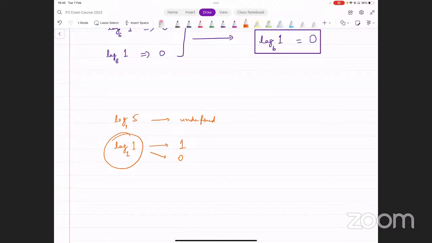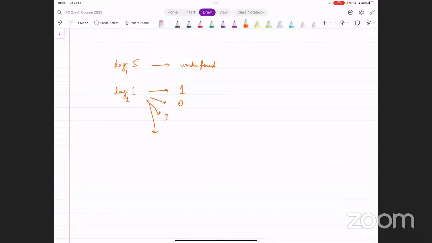What power of 1 gives us 1? It could be any number, right? 1 raised to any power is going to be 1. You could have 3, you could have 10, you could have 20. There are infinitely many possible answers, so there's no single definition for this. For that reason, we say this is also undefined.